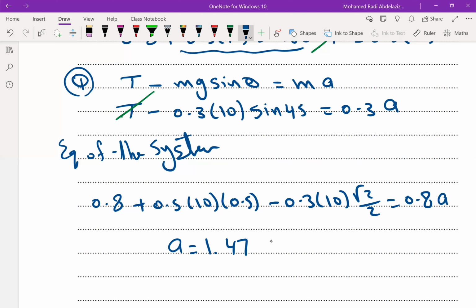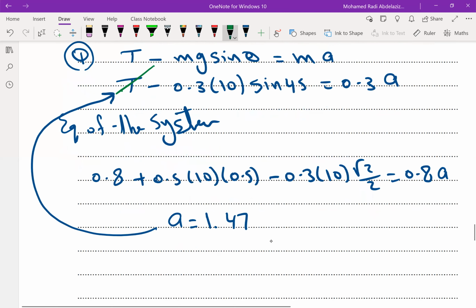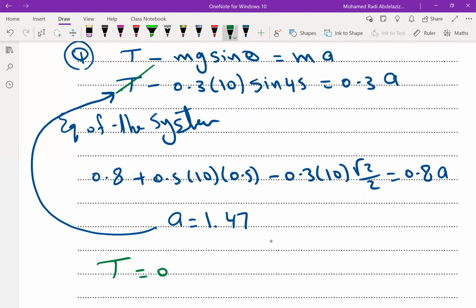If we substitute the value of the acceleration in this equation, you can find the tension. Tension minus 0.3 multiplied by 10 multiplied by sine 45 is equal to 0.3 multiplied by 1.47.